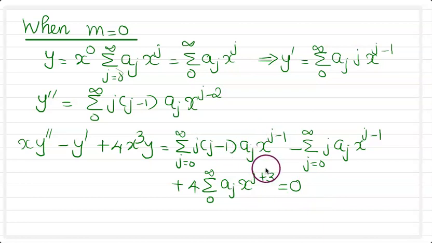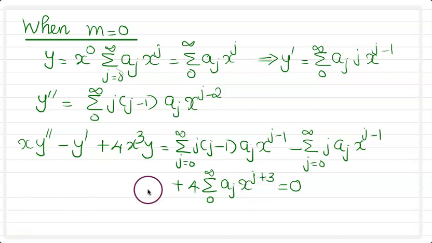Before that, it will be convenient if we can transform these series such that the general term is the same for all these series. Here we can observe that the first series contains the general term x raised to j minus 1. In the second series also, the general term is x raised to j minus 1. Whereas in the third series, the general term consists of x raised to j plus 3.